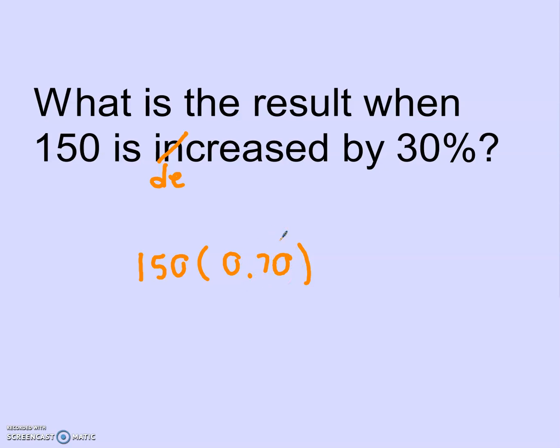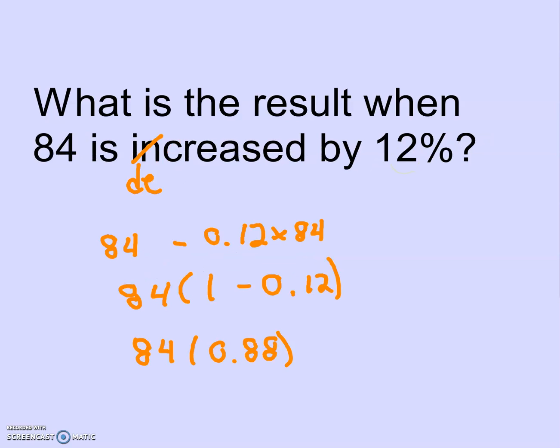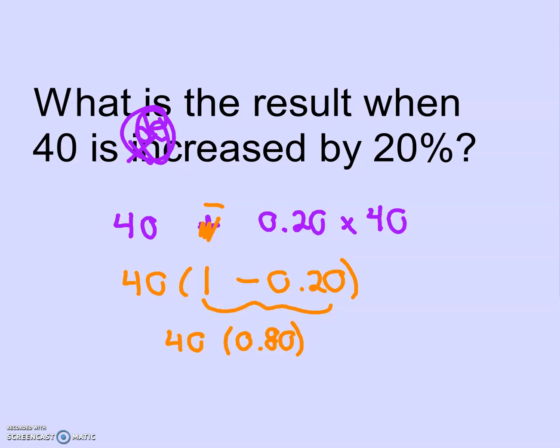By the way, here's a nice way to think about that. If you decreased something by 30%, what percent is left? 70%. If you decreased something by 12%, what percent of it's left? 88%. If you decreased something by 20%, what percent's left? 80%. So it makes it a real nice little way to figure this thing out.